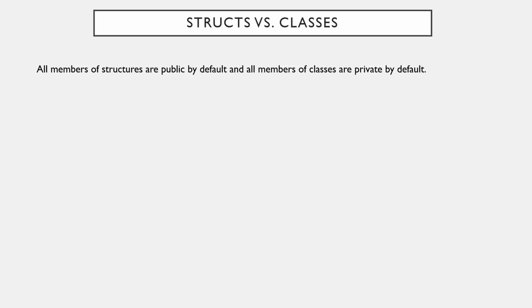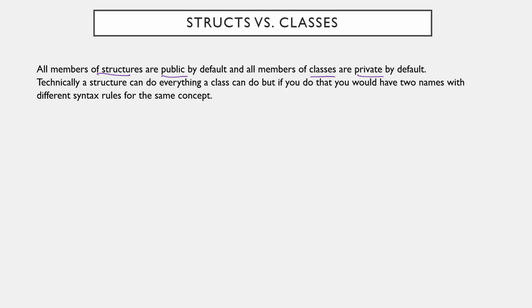So structs versus classes. This is review, hopefully. All members of a struct are public. All members of a class are private. So in a struct, you just define your data in your struct, and you can access it from the main function or any programmer-defined function. You can access the member variables by using the dot operator. In classes, you designate what is private and what is public, and a very good design is to make all of your data in your class private, and use accessor and mutator functions and member functions to manipulate the data.